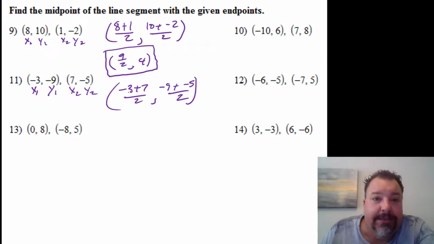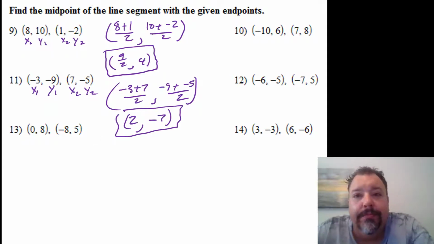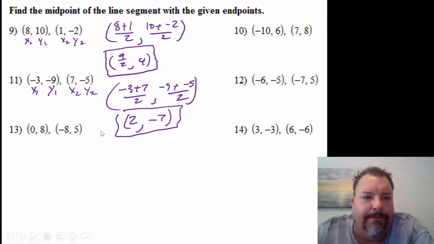Makes it faster. So we got -3 plus 7 is 4. 4 divided by 2 is 2. And -9 plus -5 is -14. Divide that by 2, we got -7. So 2, -7 would be our midpoint for number 11. And I'll leave the rest of these in your workbook as extra examples.